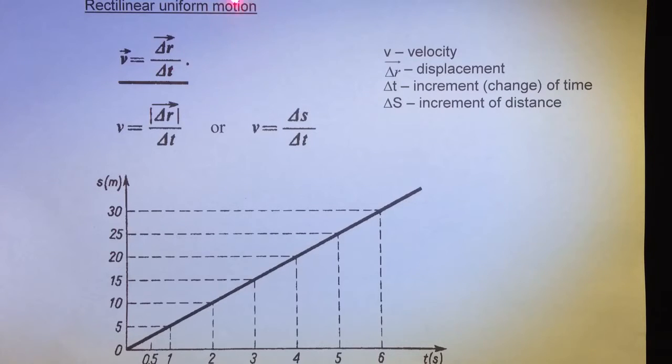Because this is a uniform motion, meaning the velocity is constant, it means also that the interrelation between the path or distance and the time is proportional, and the graph is a straight line starting from the origin of the coordinate system.